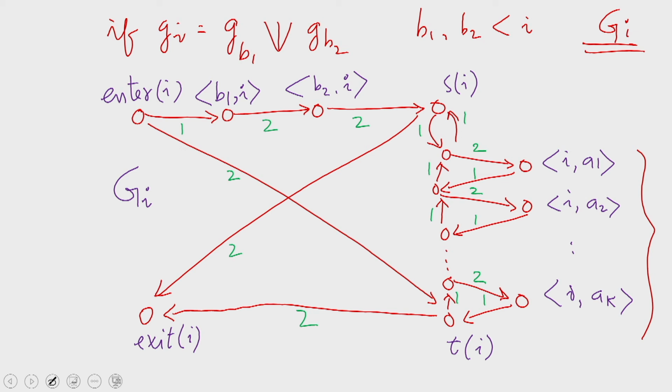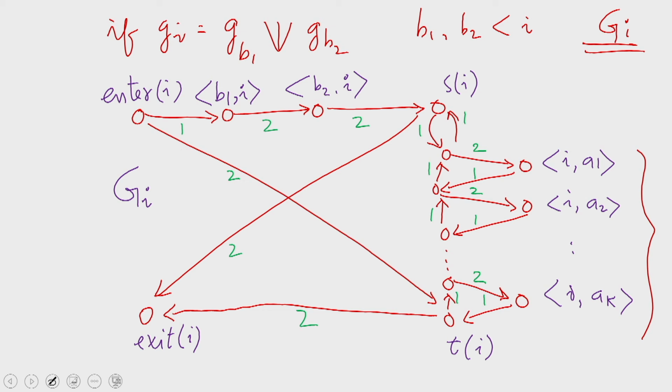Therefore, we backtrack, come back to B1i and take the edge labeled 2. So we have now reached B2i, which had not been visited before. Therefore, we visit B2i, and then we consider the edge labeled 1 out of B2i, which again takes us to a vertex visited before in GB2. Therefore, we backtrack, come to B2i, and we proceed to S of i.